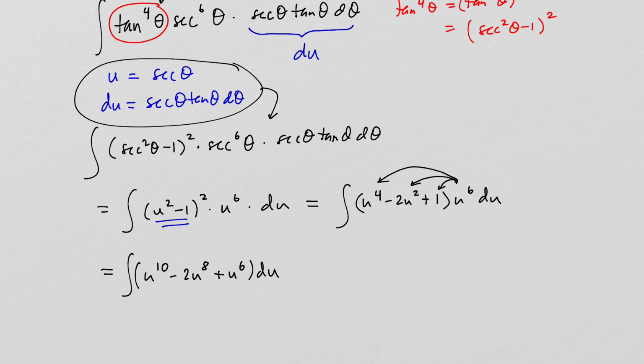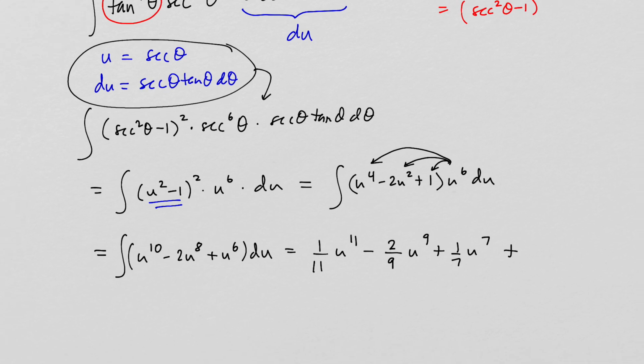And now when we take the antiderivative, we get 1/11 u to the 11th minus 2/9 u to the 9th plus 1/7 u to the 7th. And then I've been saying plus c, but I got to tell you a little tip here. I don't like putting plus c until after I put our function back in the problem.